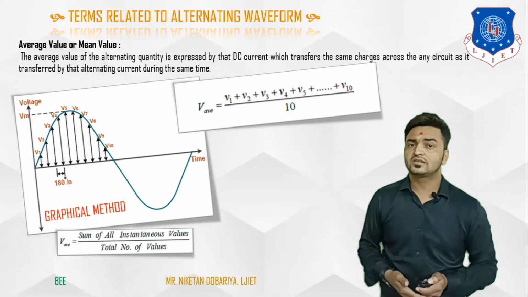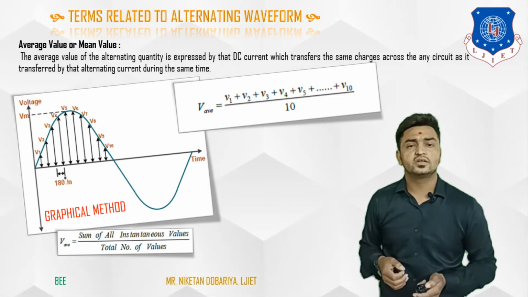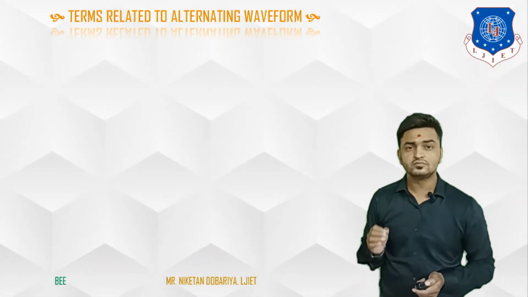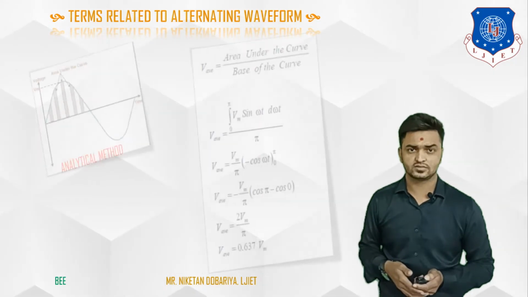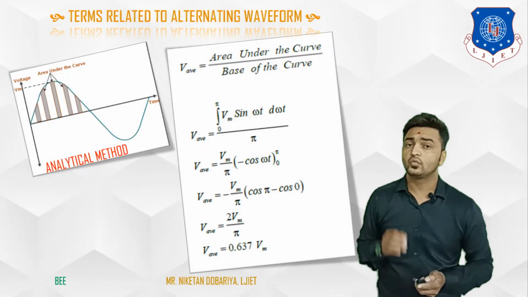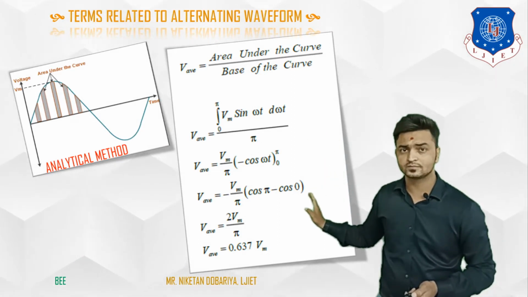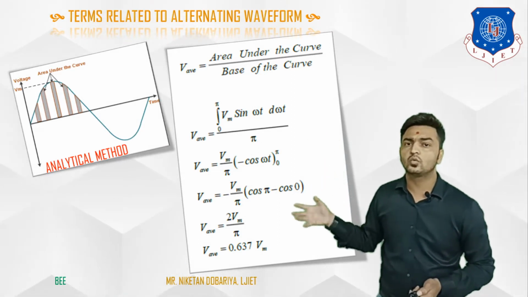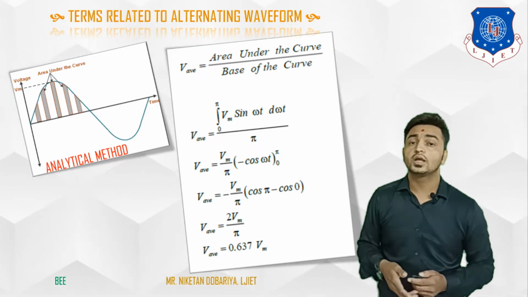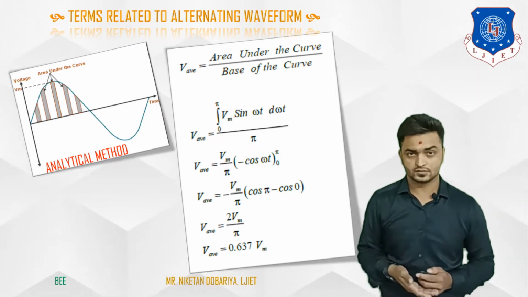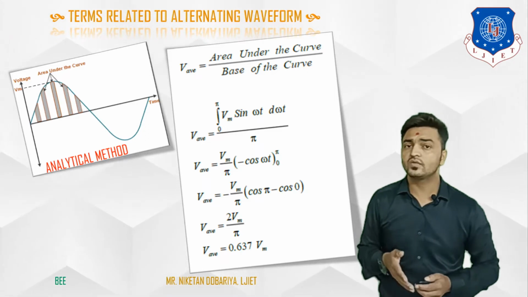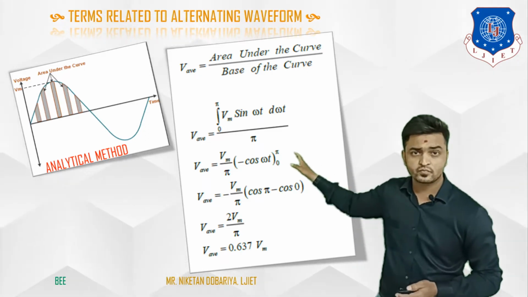Here we have another method by which we can calculate the average value, and that is the analytical method. For that, we again consider the same sinusoidal waveform. In the analytical method, we find the average value using integration, and again we consider the half positive cycle.